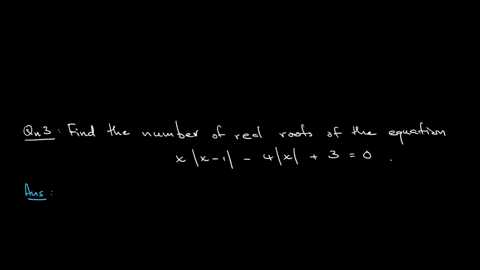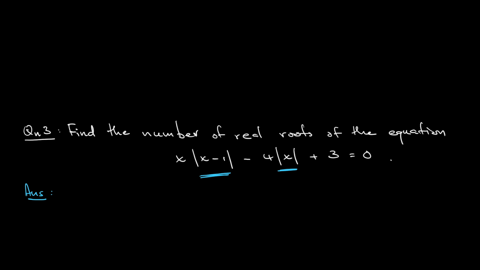One of the ways to solve this kind of question is to find the value of x that makes the expression in the absolute value function equal to 0, right? Because this is where it changes the sign.